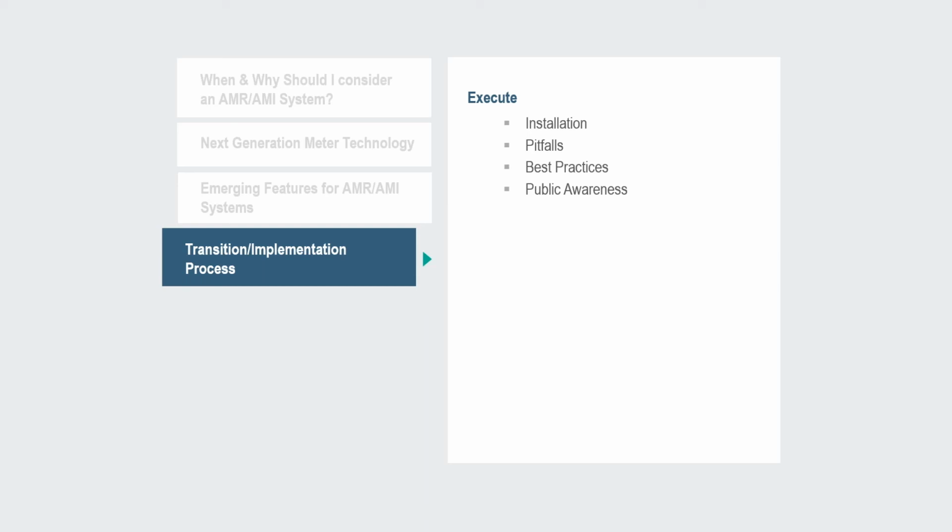Really the last thing about execution is, usually in all of these situations, when we think about changing out meters, it usually comes back to the poor people at the billing department of the city or a utility provider. They've got a lot of work to do that's going to come upon them real quickly. So thinking about how we phase these things and how we allow the old meters to still be used while we're switching them out, while not overloading our billing people.